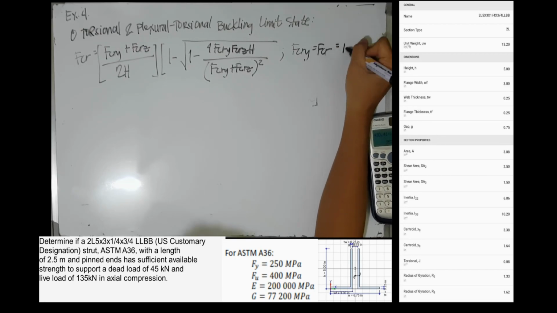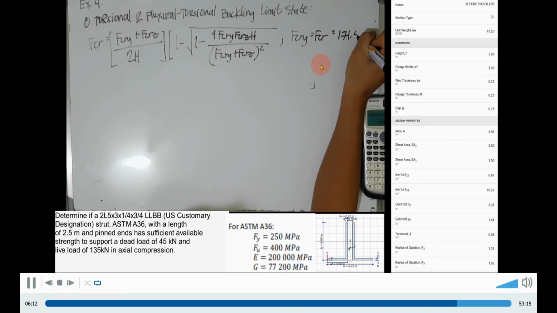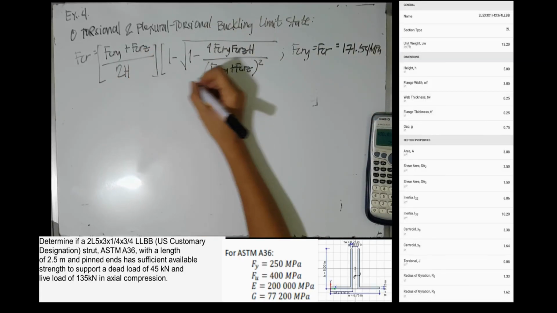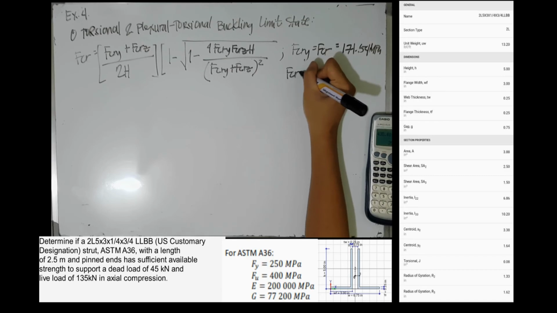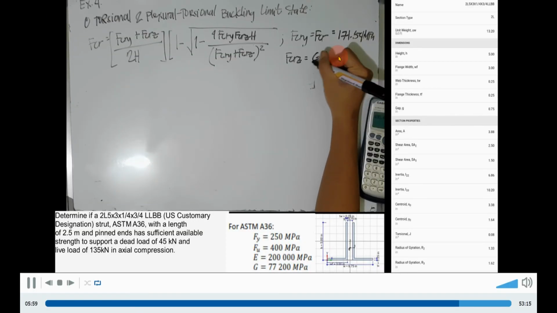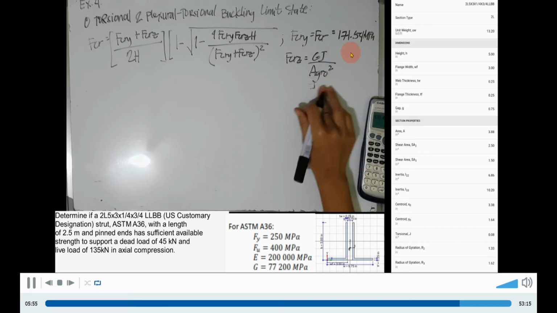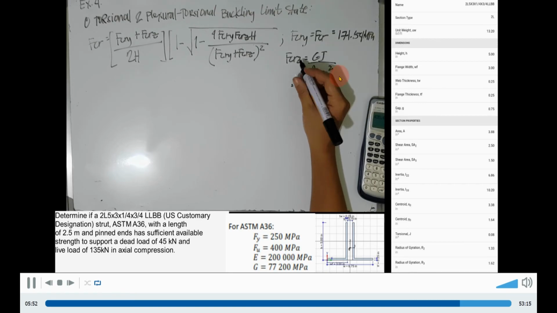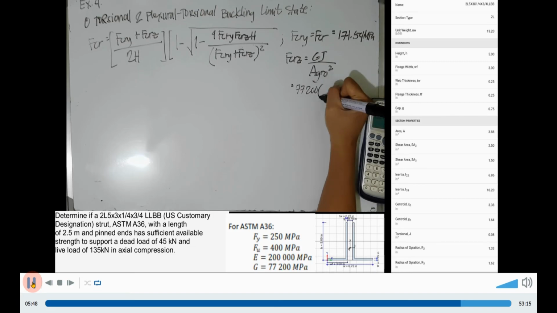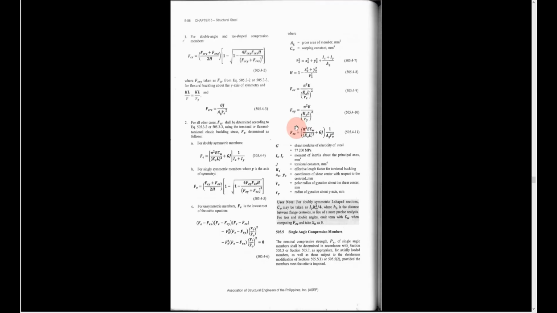So for the critical stress, it can be considered as the FCR. Na-note doon kanina sa NSCP. And for the critical torsional stress, it can be determined using this formula. So ito yung sinasabi ko sa inyo. So this is what I am talking about.